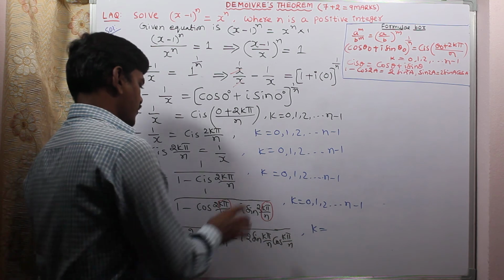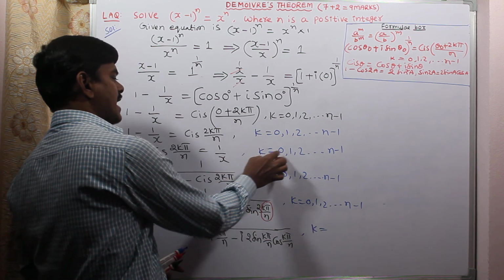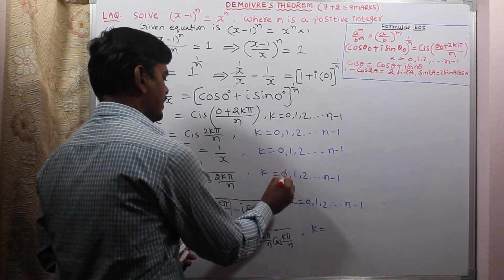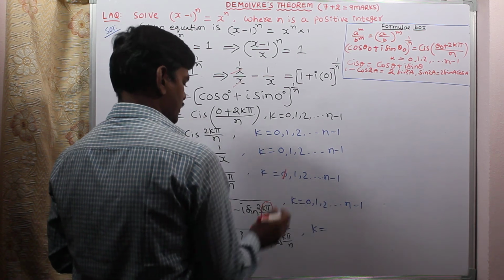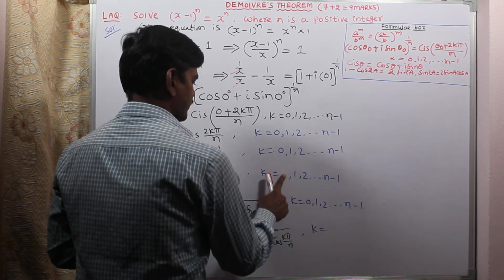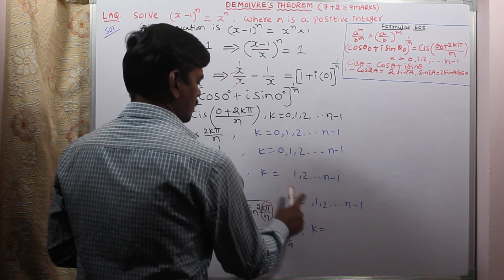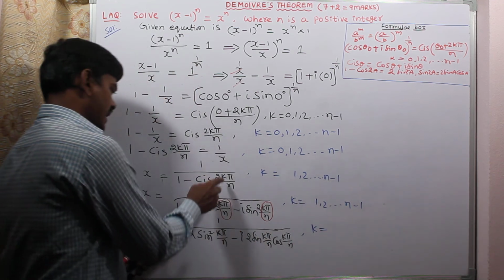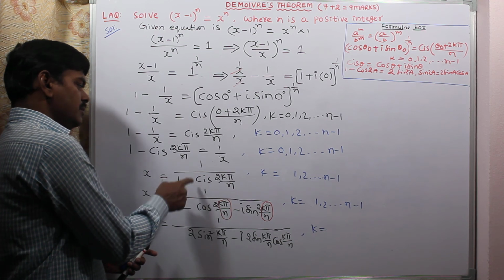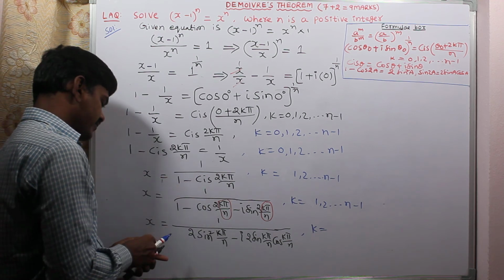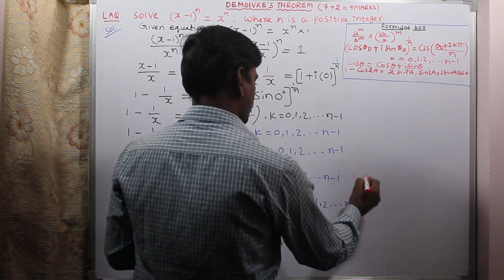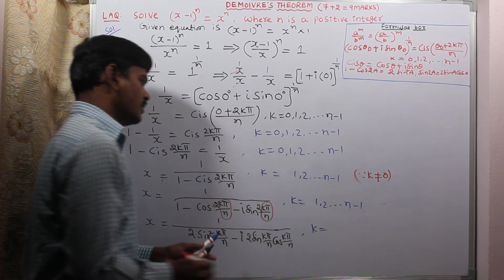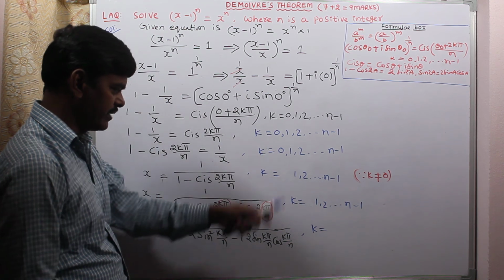That's why up to here we can accept k value 0, but from here onwards we should eliminate 0. So from this step onwards we have to eliminate 0. We must remember, because for k equal to 0, the x value you are going to get is infinite, undefined. So that's why here you should write, since k is not equal to 0, you have to cut 0 from the k values.